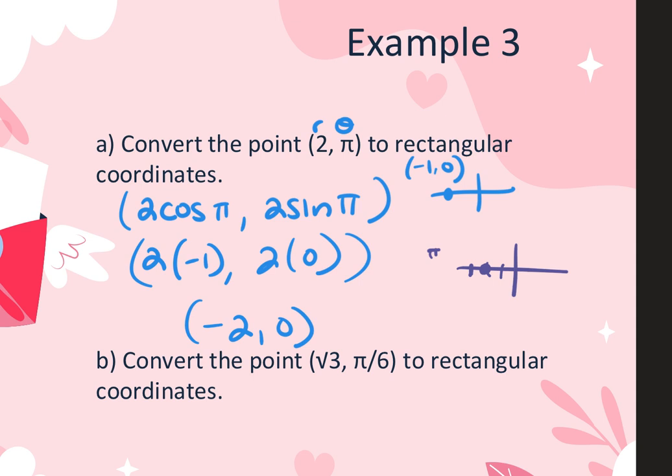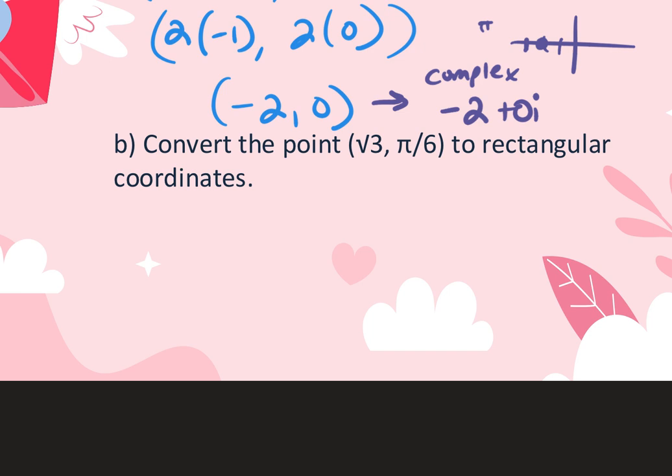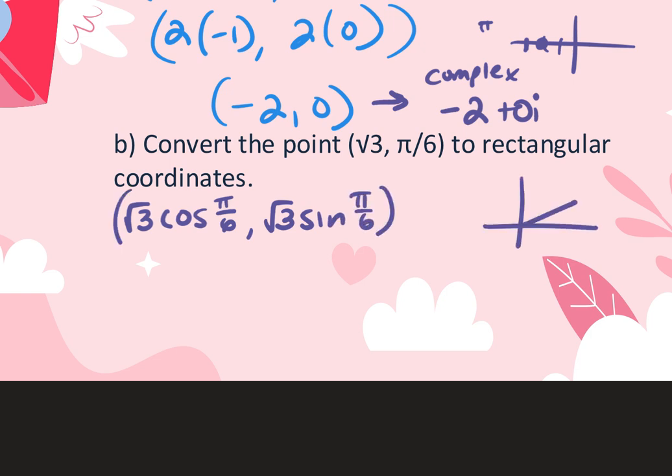If it asks for this in complex form, then this would just be -2. It could be written plus 0i, but it's highly unlikely it's going to be written that way. It would just be -2. It is not in coordinate point form. Okay, that's the difference. All right, B, again to rectangular, this would be square root 3 cosine pi over 6, comma, square root 3 sine pi over 6. What's the coordinate point at pi over 6?